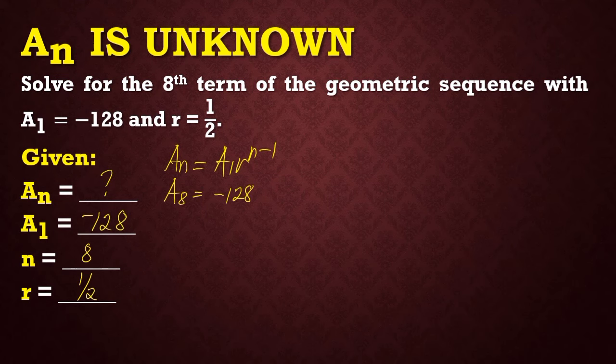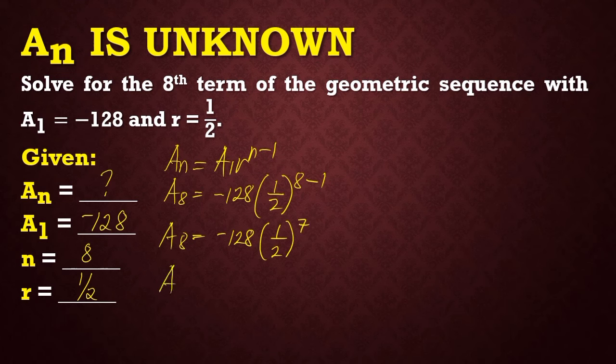Next, the common ratio is 1 half, and then n is 8 minus 1. Negative 128 times 1 half raised to 8 minus 1, that is 7.